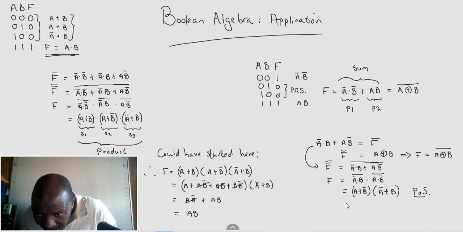Now, just to prove, this here is going to work out to A, not A, that's a 0, applying the law, that's a 0, or A, B, or not A, not B, or B, not B, which is another 0.